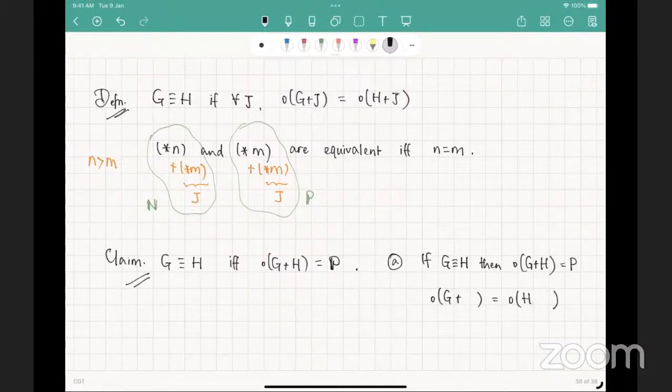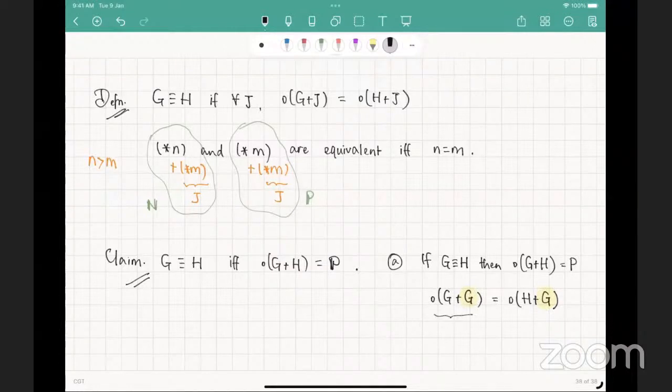So here I'm just writing down the definition of what it means for two games to be equivalent. You can bring in your favorite third game and add it to both, and they will have the same outcomes, right? So what's a useful third game to bring in? A useful third game to bring in is one of G or H. So I'm going to bring in, let's say, G. And why is this useful?